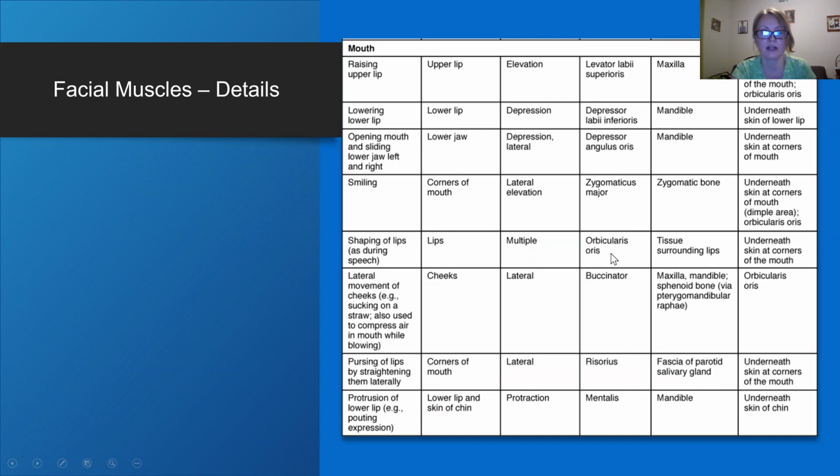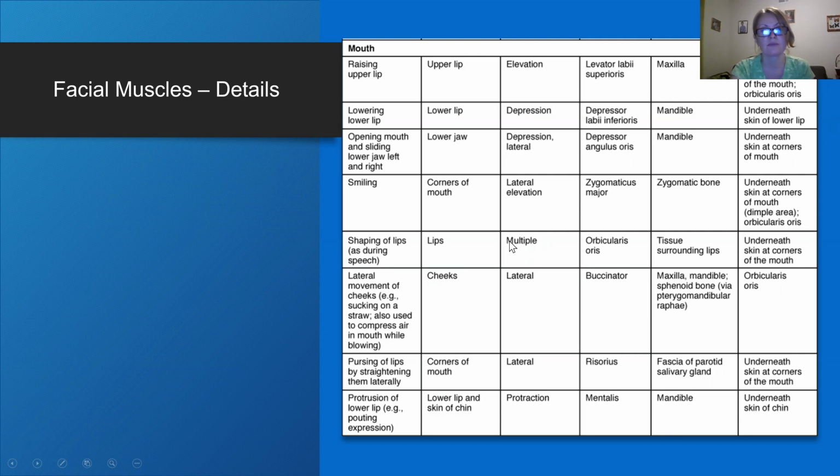Now, orbicularis oris is for shaping of the lips during speech. Buccinator gives you a lateral movement of your cheeks, and it originates on the maxilla, mandible, and sphenoid bone, and inserts into orbicularis oris. Now, the mentalis muscle is a protrusion of the lower lip and pouting, so you kind of lift your chin up, and it originates on the mandible and inserts into the underlying skin of the chin.